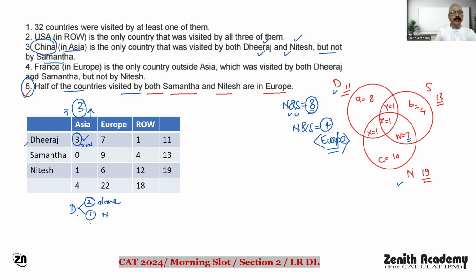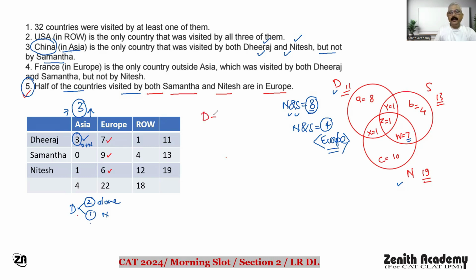In Europe, Dheeraj visited 7 countries, Samantha visited 9 countries, and Nitesh 6. Let's see Dheeraj with Samantha, right? Not Nitesh. Dheeraj and Samantha only.